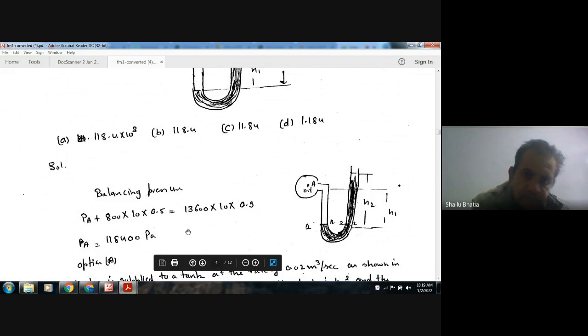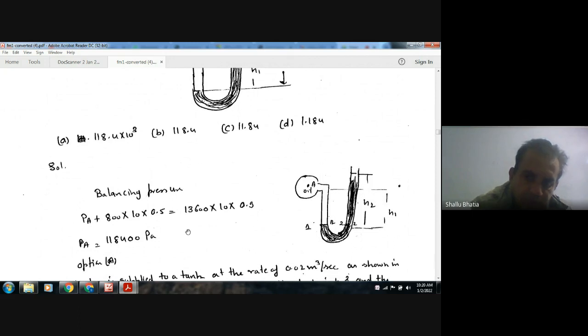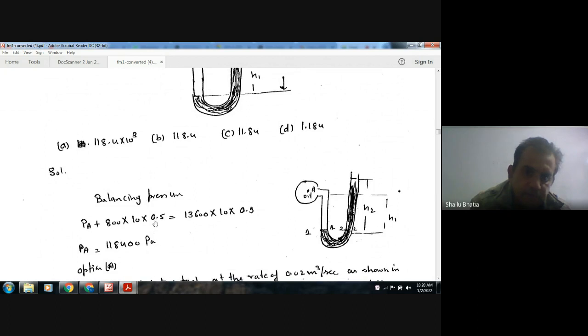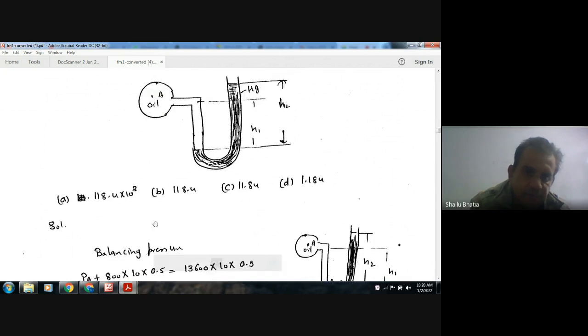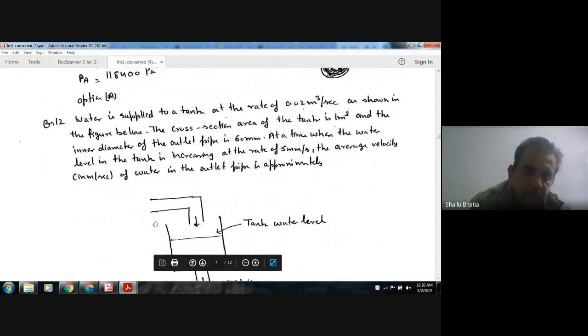So balancing this, we can get the pressure at A as 118,400 pascal. As we have not taken the atmospheric pressure here, it will give the gauge pressure. Okay, so the answer is 118.4, option A.